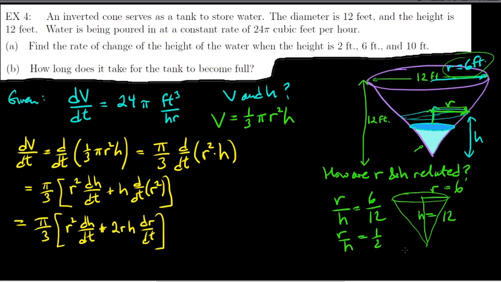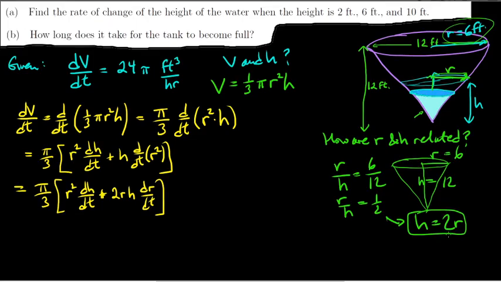Which means if you cross multiply, h is just 2 times r. The height is twice the radius. That's true for the entire tank. It's true for the water, the cone of water at the bottom. Make sense? Sorry about that. Yeah, so that's how h and r are related.